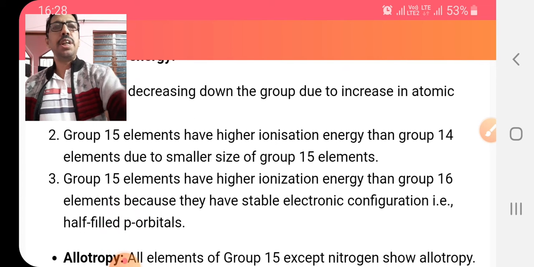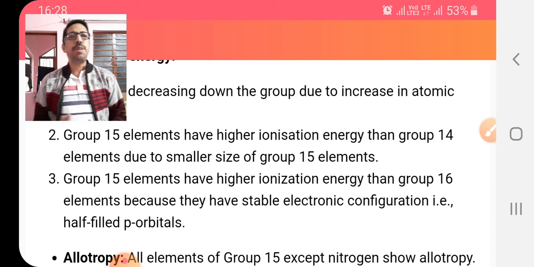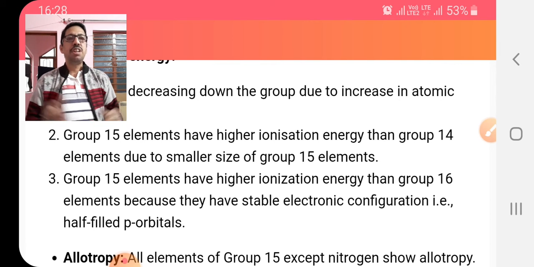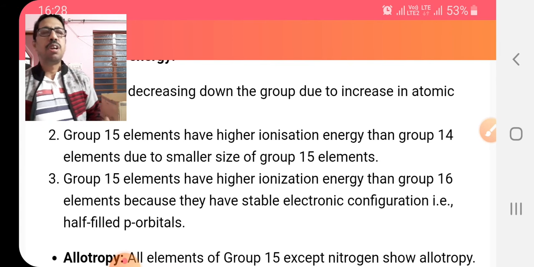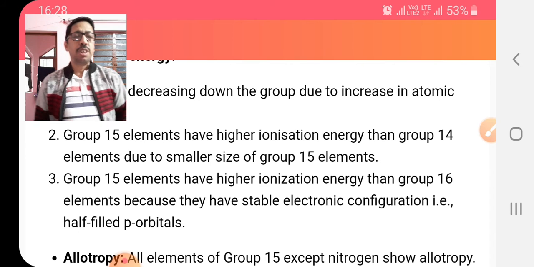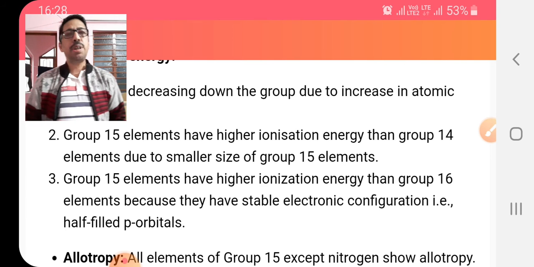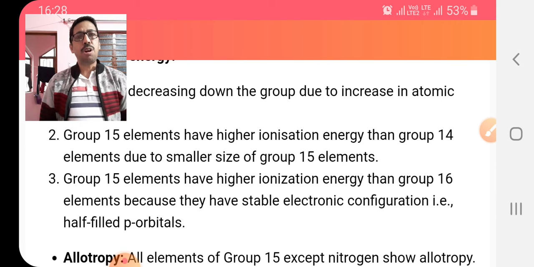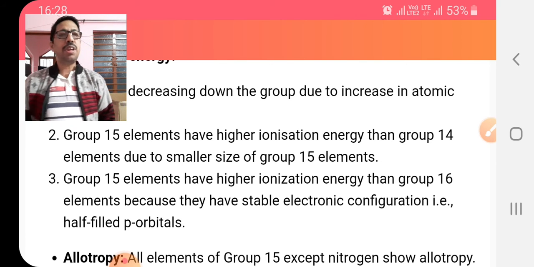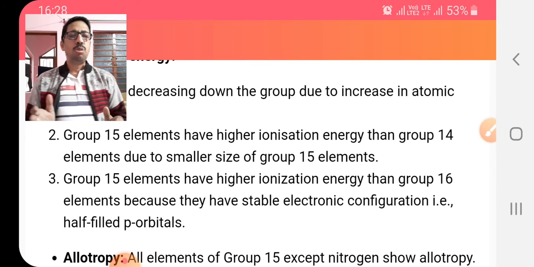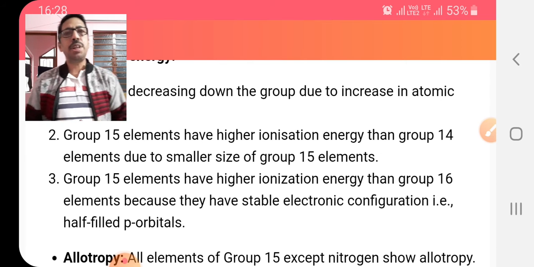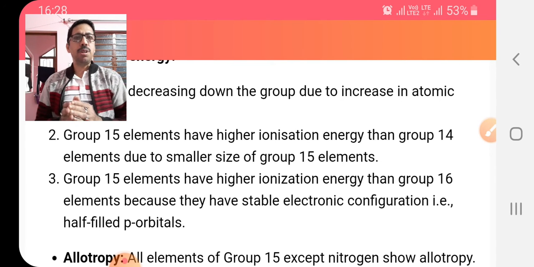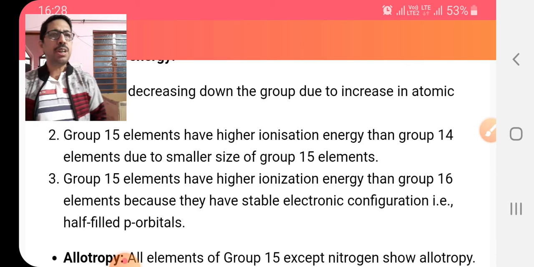Now the third point, group 15 elements have higher ionization energy than group 16 elements. Again the reason is the same. In group 15 elements, the valence shell configuration is ns2 np3. It is half filled, causing maximum stability, and the removal of an electron from the half-filled orbital becomes more difficult.